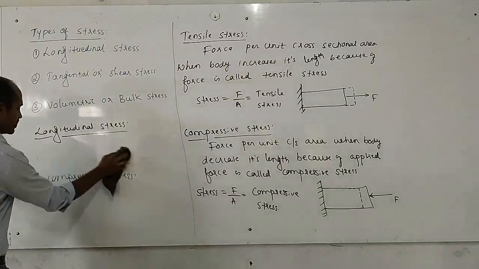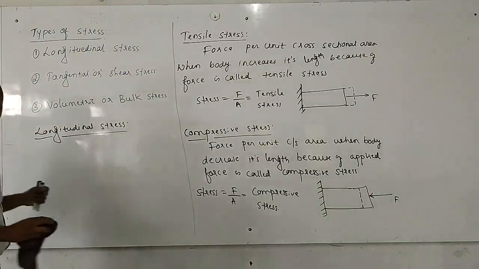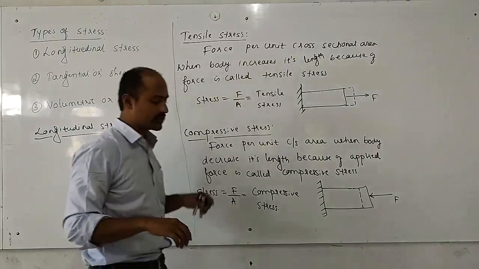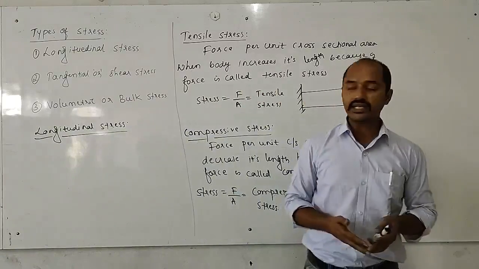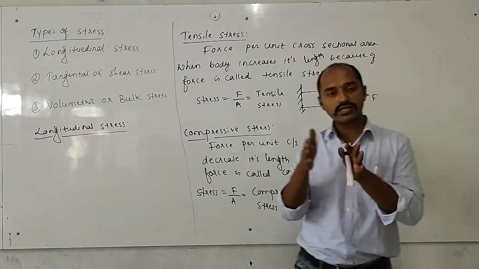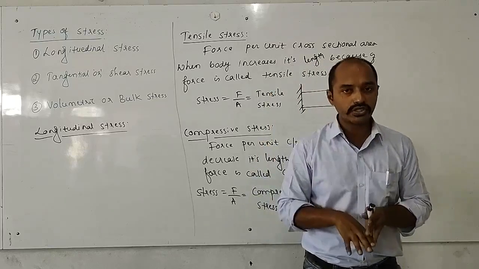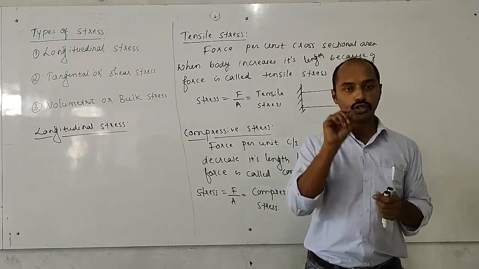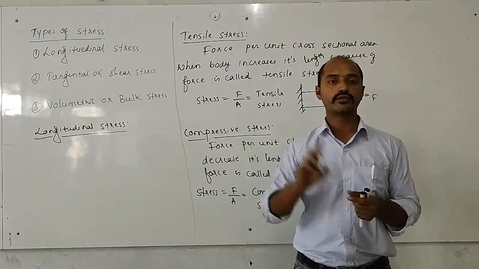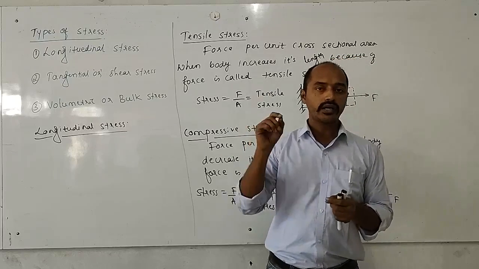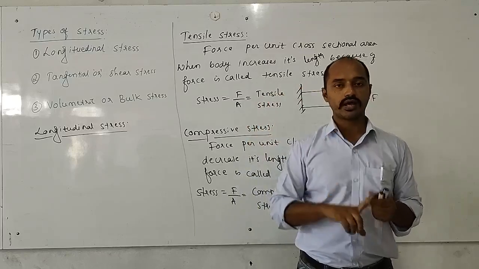From these two definitions, these two concepts, what I tell is longitudinal stress comes into the body due to the change in the length of the body, when the external force is applied, right?